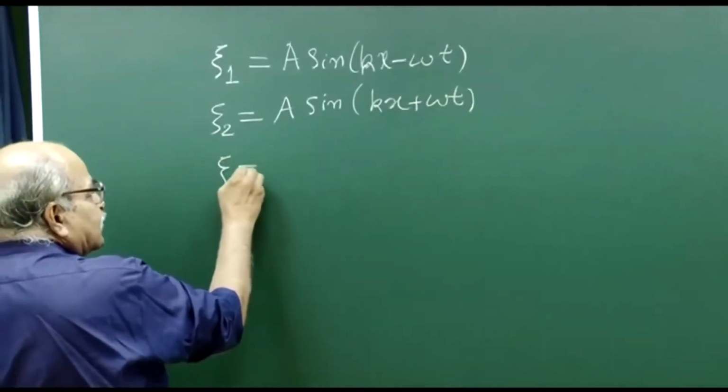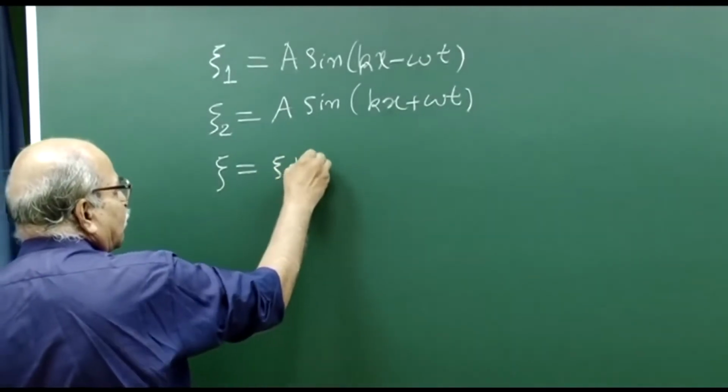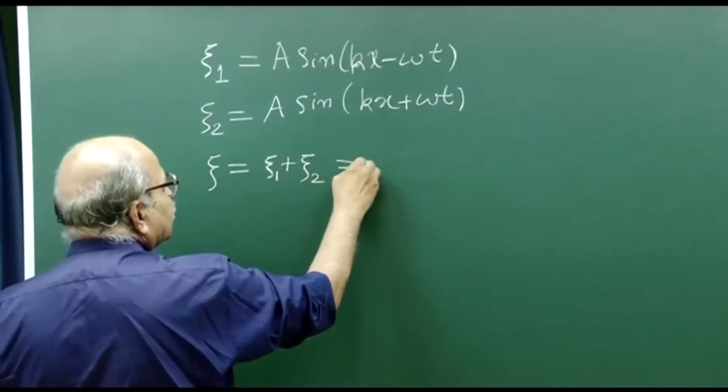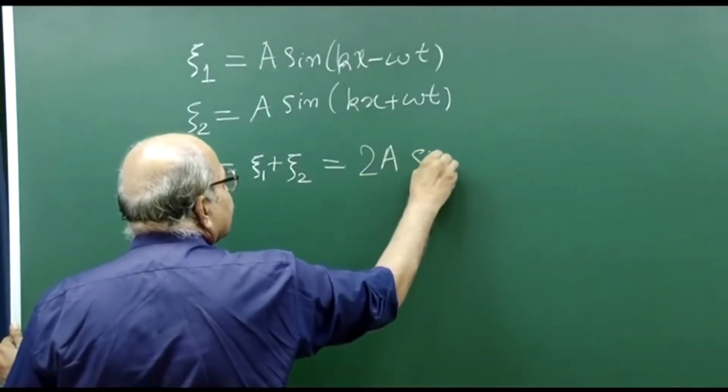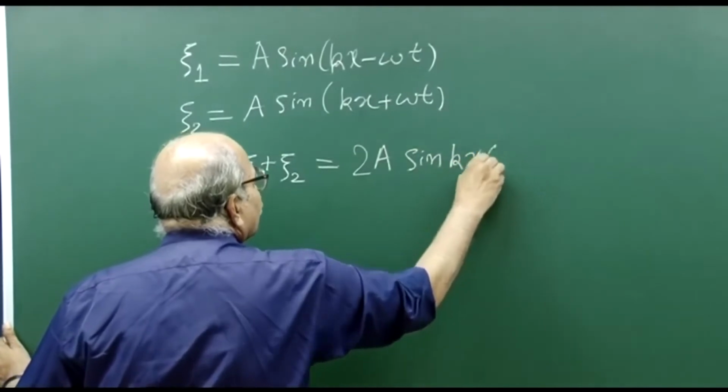So, the net is the sum of these two, and adding them gives 2A sin kx cos omega t.